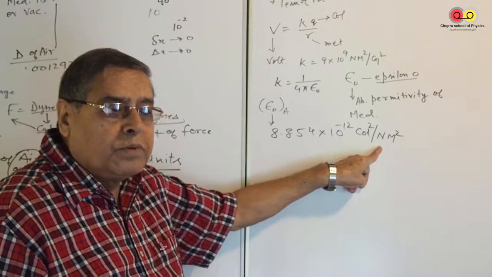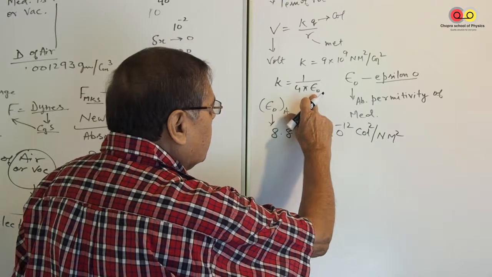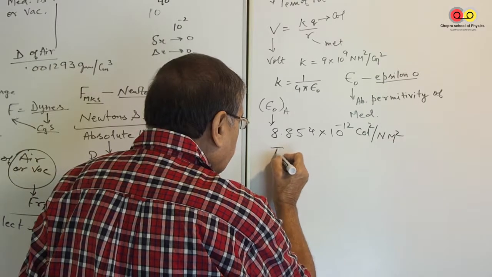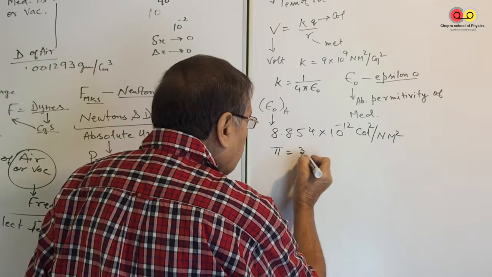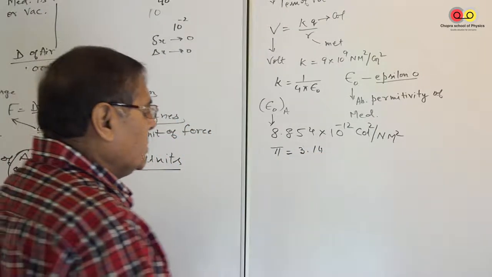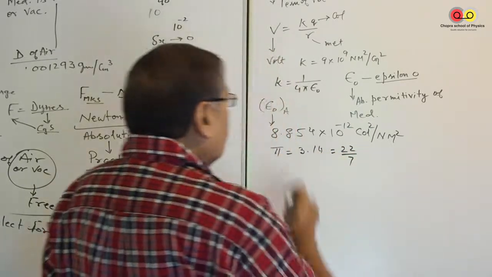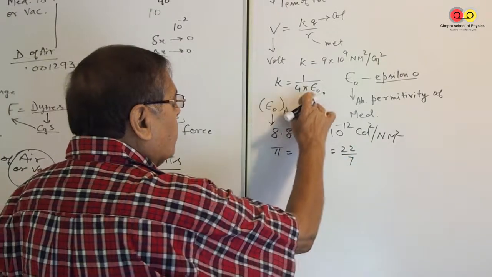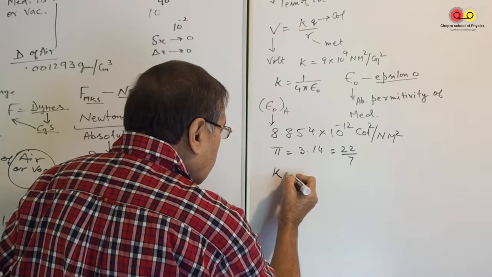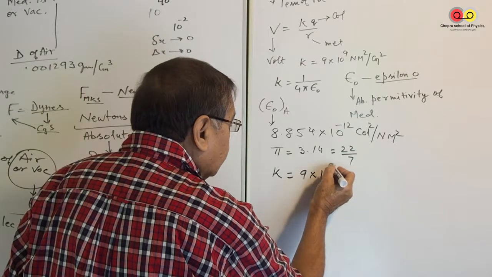Coulomb square per Newton meter square. Now if you put this number here and pi is taken as 3.14 up to 2 decimal places, or we can take it as 22 by 7. For pi you put this number, for epsilon naught you put this number, and the value of K is calculated as, in approximation, 9 into 10 to the power 9.